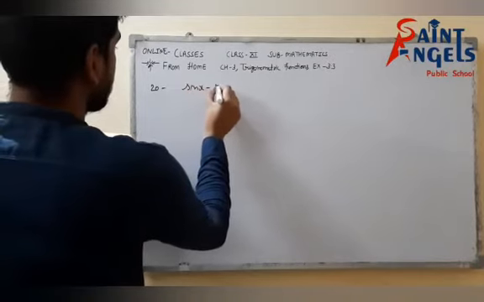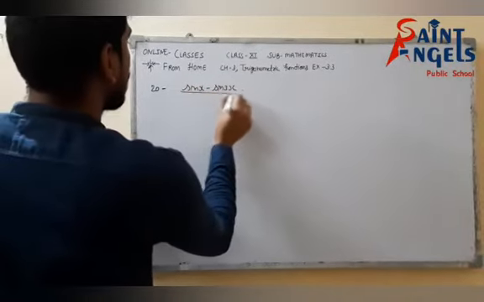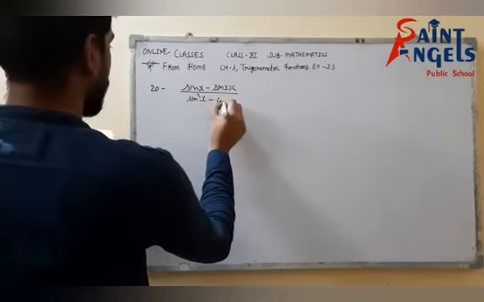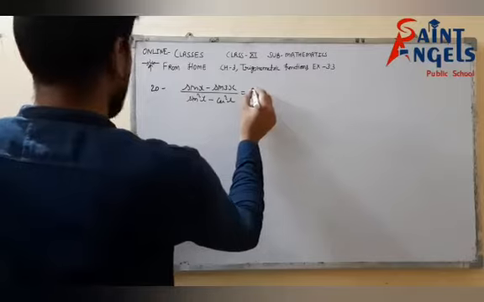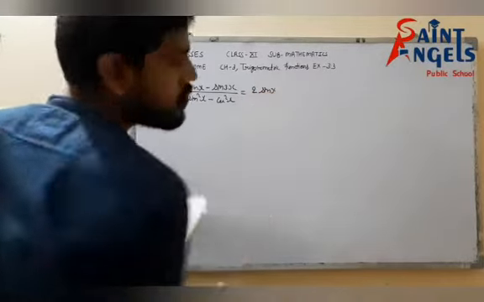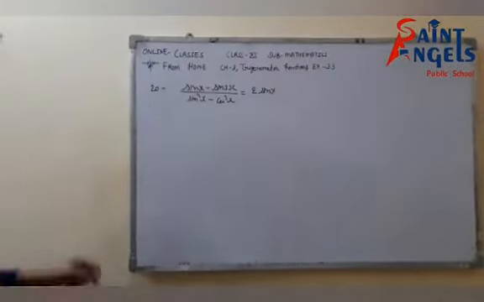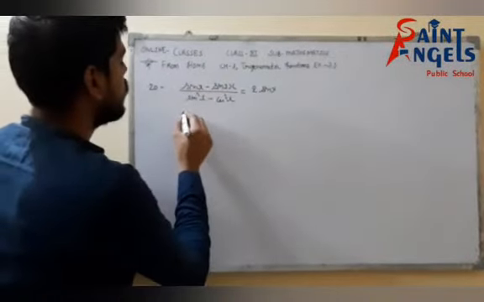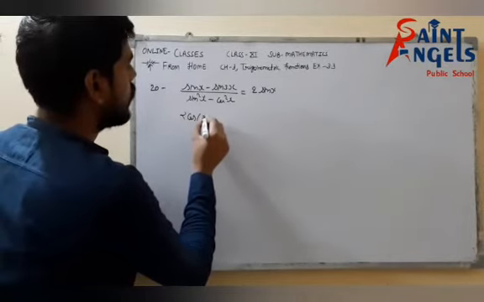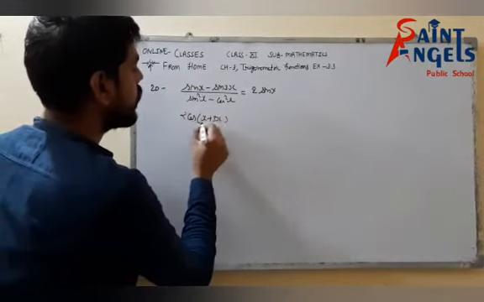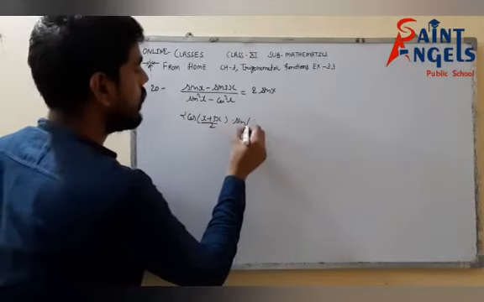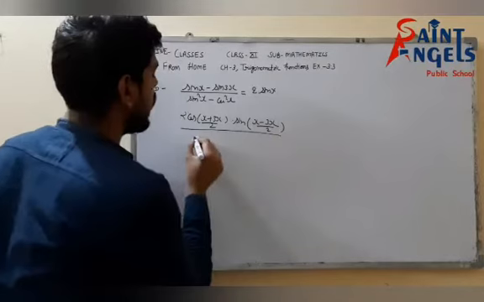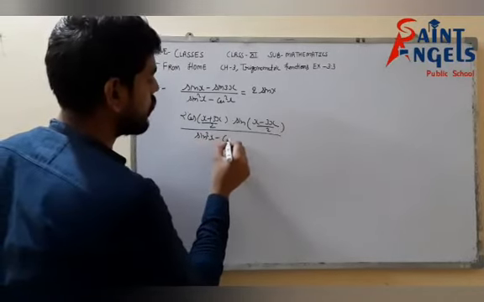sin x minus sin 3x upon sin square x minus cos square x equals 2 sin x. Okay students, here I am just applying the formula of sin a minus sin b, that is 2 cos (a plus b) upon 2 into sin (a minus b) upon 2, and sin square x minus cos square x.